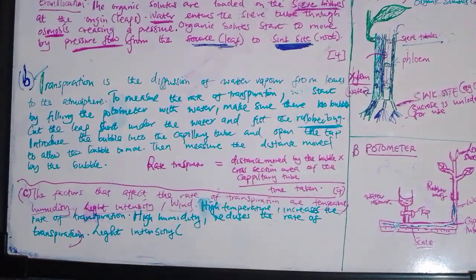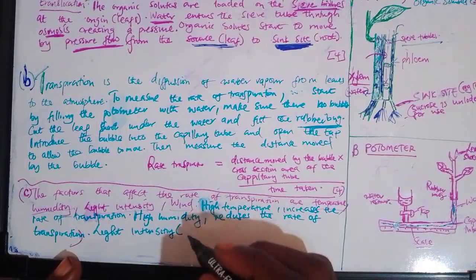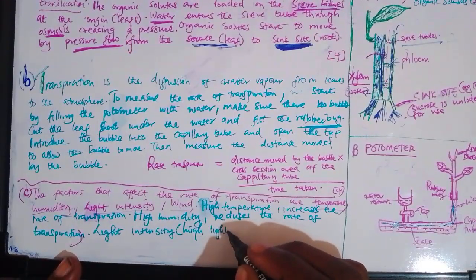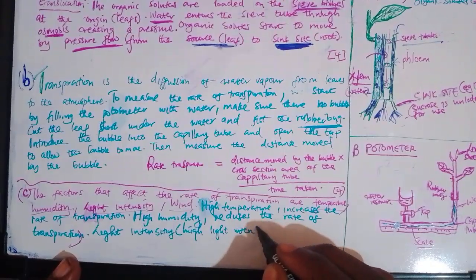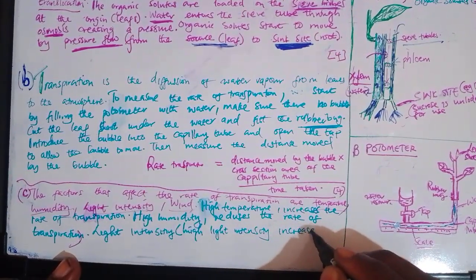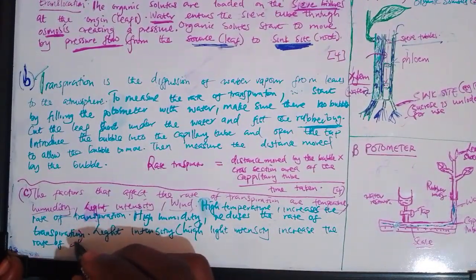We know that whenever there is light, the stomata open. So if we have high light intensity, it increases the rate of transpiration.